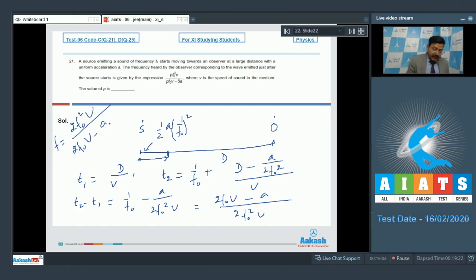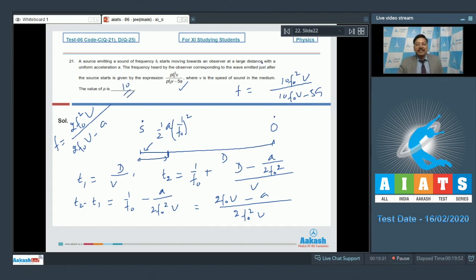Well, because here the coefficient of a is 5, we multiply both numerator and denominator by 5, and in that case the frequency we shall find is equal to 10 f0 square v divided by 10 f0 v minus 5a, which means the value of p is 10. So for question 21 the answer is 10.